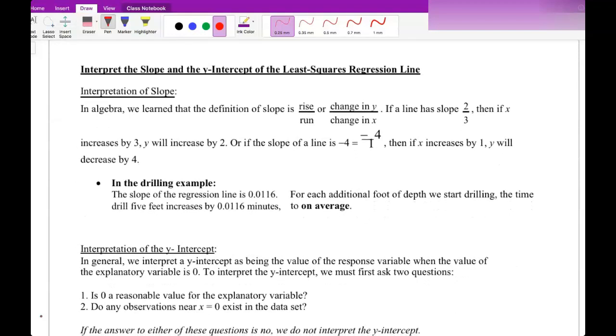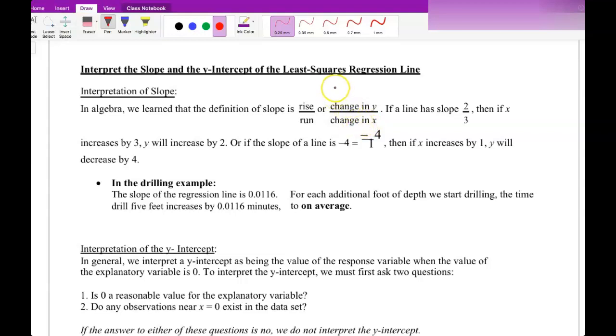Now next, interpret the slope and y-intercept of the least square regression line. We already know what the slope is. In algebra, we learned that the definition of slope is rise over run, or change in y divided by change in x.